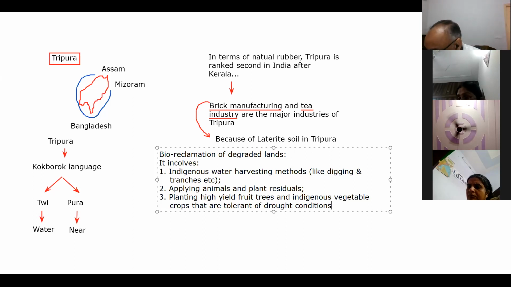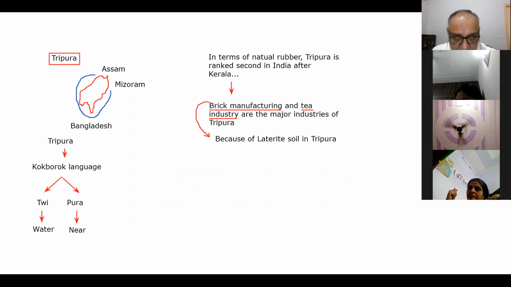So we write here, tolerate drought conditions. So these are good for the tea plantation, coffee plantation, oil palm cultivation, and cashew cultivation as well. So these are the various uses of this soil.